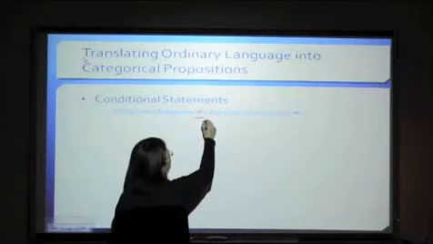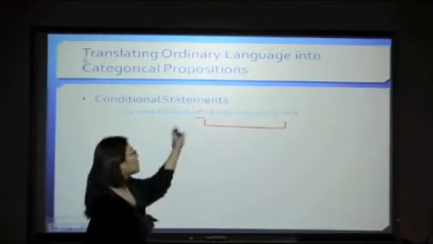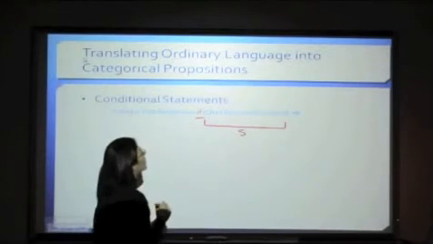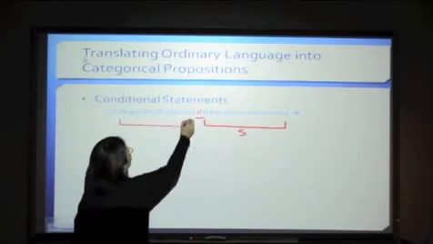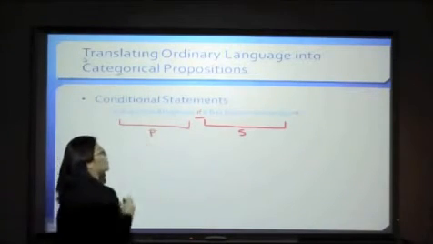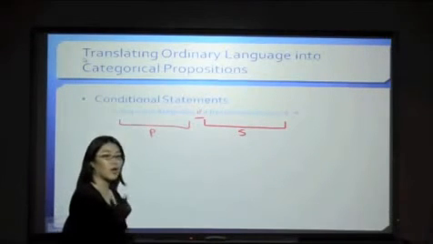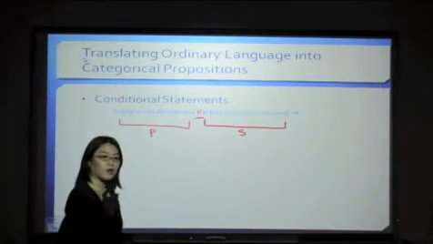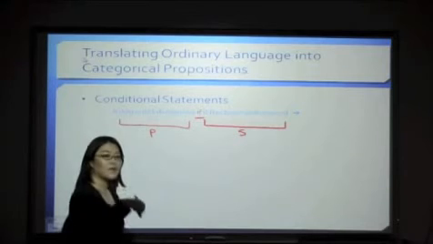Because this here, it has been well trained, comes after the if, this will be our subject term. Then a dog being a dangerous animal will be the predicate term. Notice also that we don't have a quantifier and we don't have a standard verb, are or are not, so we're going to have to insert that into the statement while maintaining the meaning.